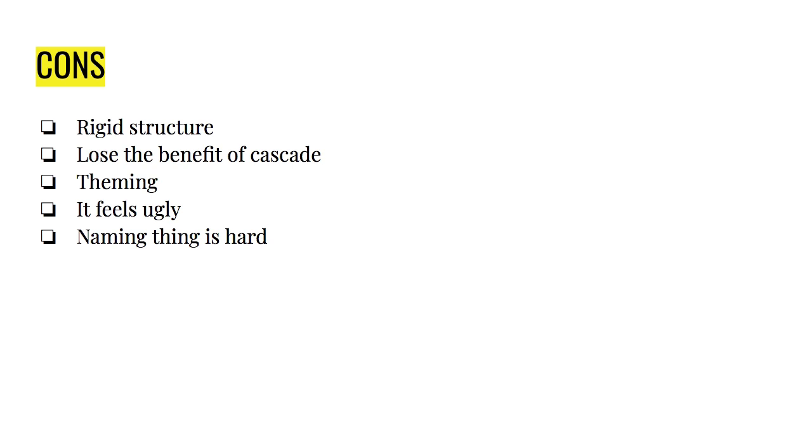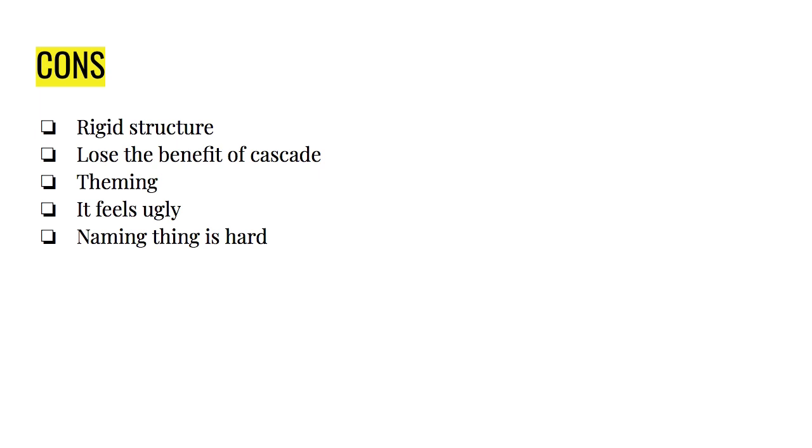Okay, so this is a rigid structure, which is the main thing BEM comes in with. If you do not follow the rigid structure, you will not get the encapsulation. But I think this is a con as well, because you have to follow the syntax and you are bound to follow some rules. You lose the benefit of the cascade, obviously.